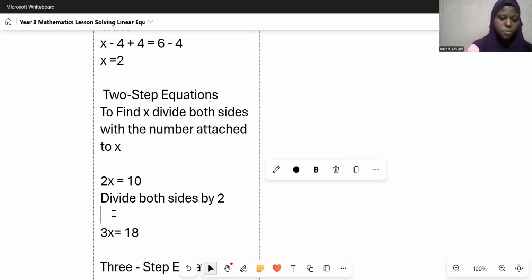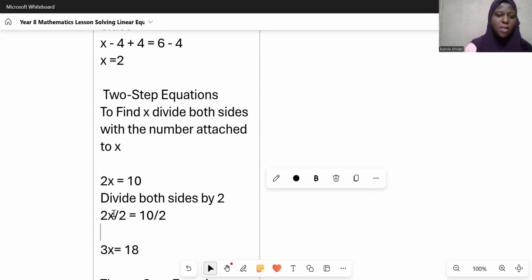So we have 2X divided by 2 equals 10 divided by 2. 2X divided by 2 gives X because the 2 cancels out.